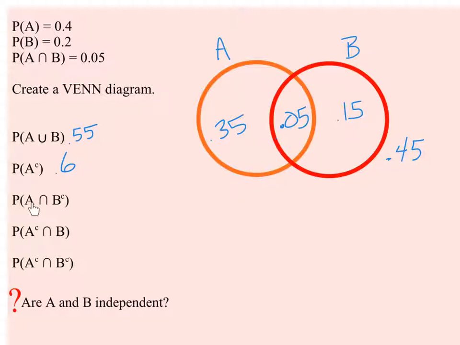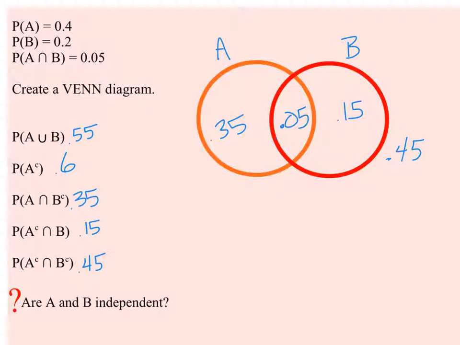The probability of A and not B. So you're in A but not B. This is this part, just this 0.35. The probability of not being in A but being in B, so you're not in A but you are in B, so that's this 0.15 here. And the probability of not A and not B, well, that's that leftover 0.45.